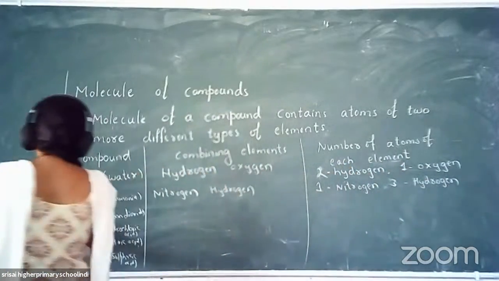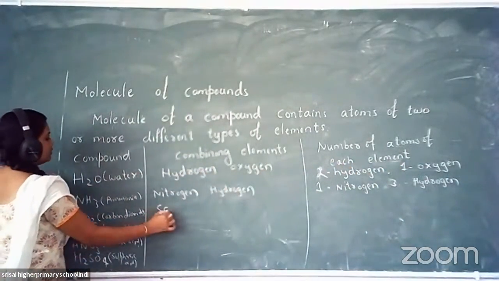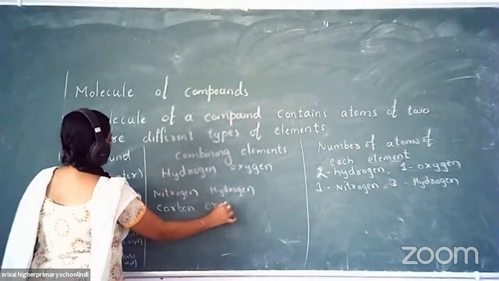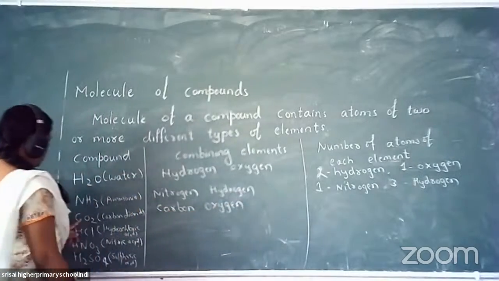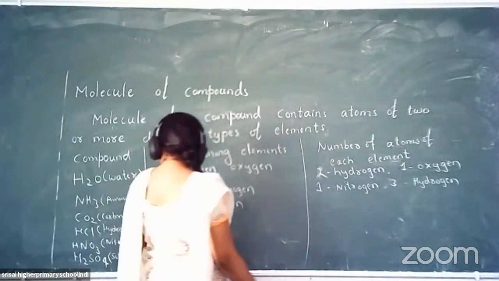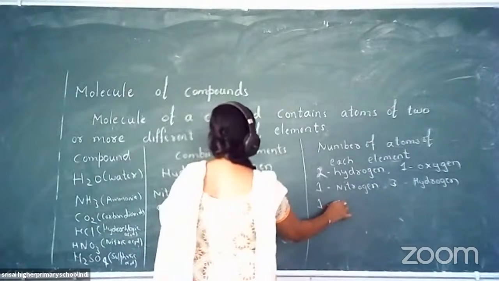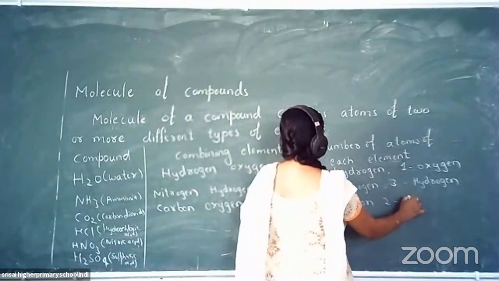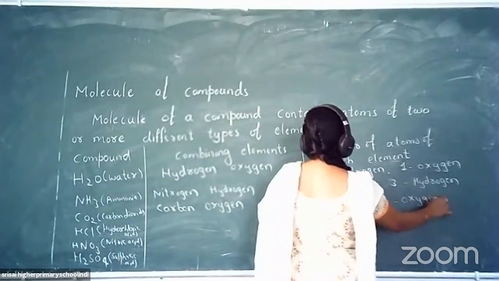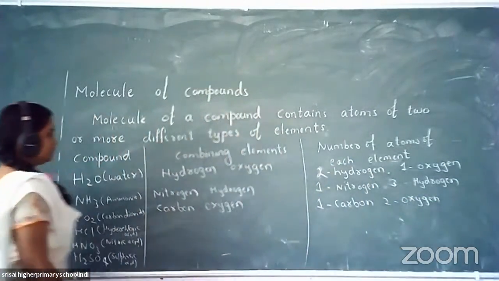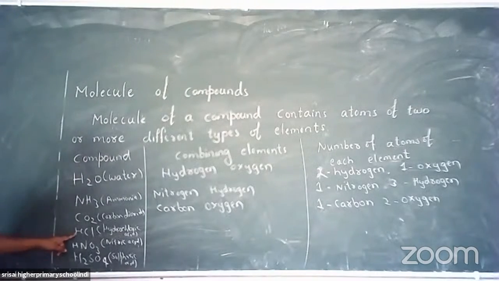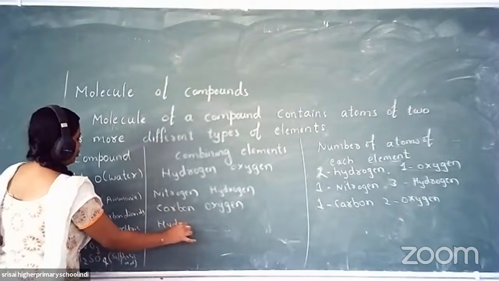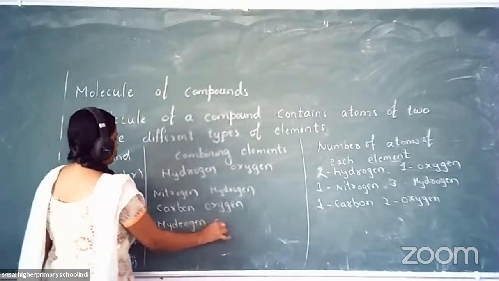CO2 means carbon and oxygen will come. So here one carbon and two oxygen, two atoms of oxygen. Next, hydrochloric acid: here hydrogen and chlorine will come.